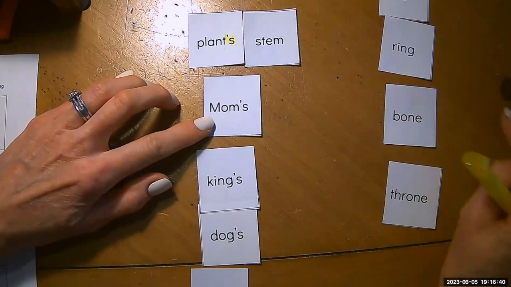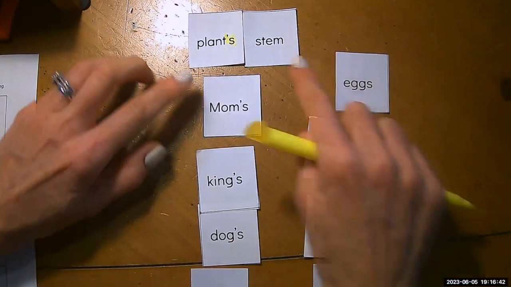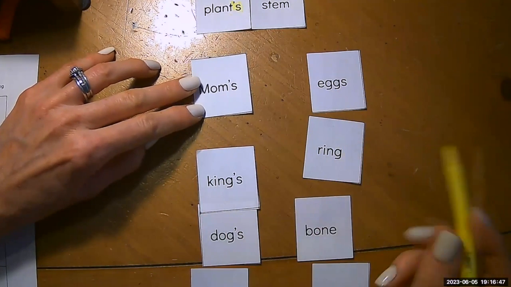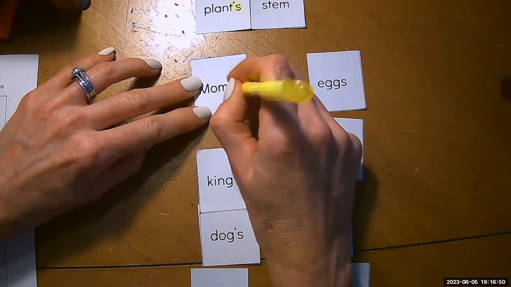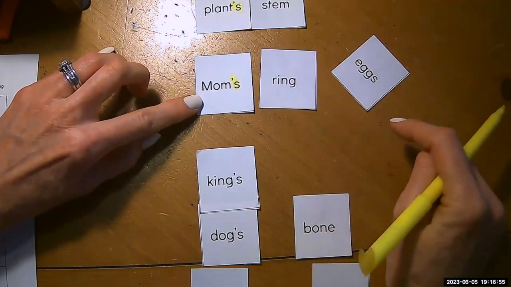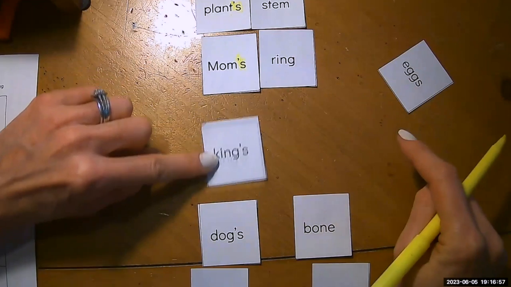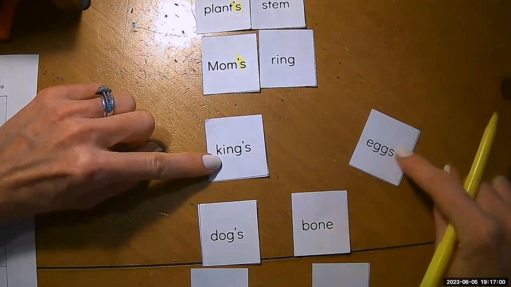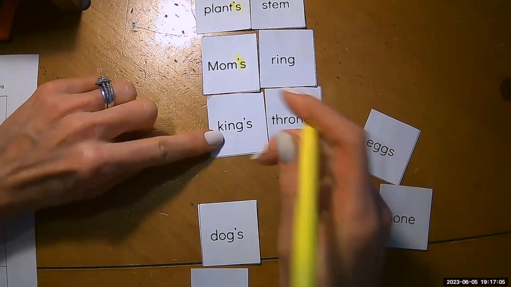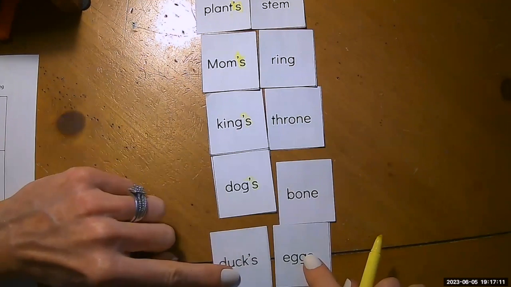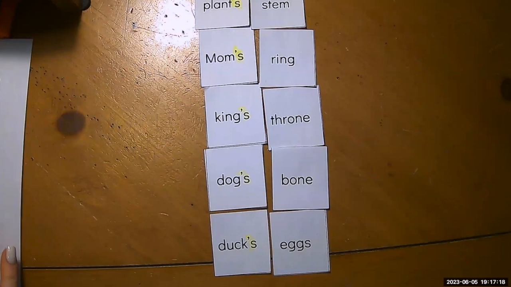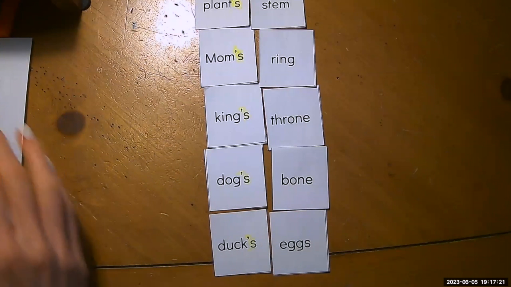And they can go through and match up the possessive noun with what that possessive noun could own. They can highlight the apostrophe S, mom's eggs, mom's ring, that might work, mom's ring, king's eggs, king's bone, king's throne, yep, that works. Dog's bone, duck's eggs. And you can do that activity where they are matching them up.